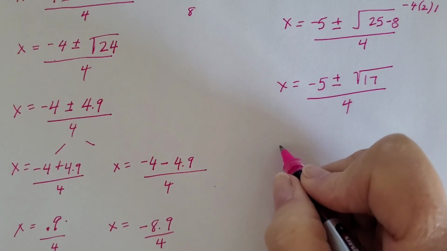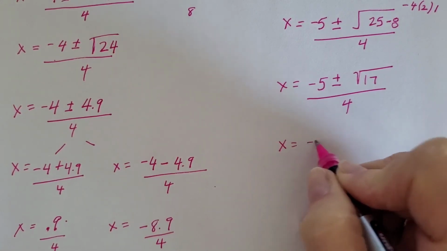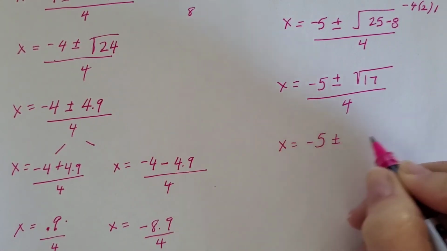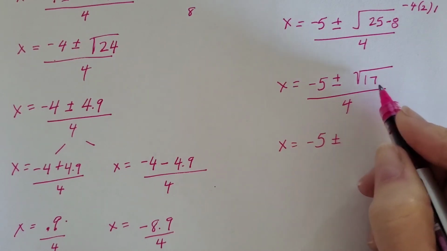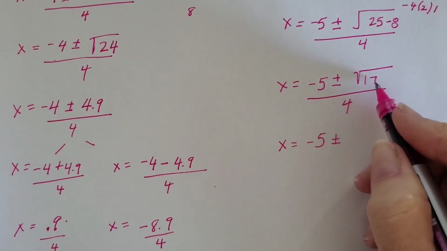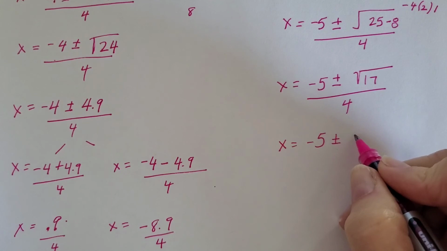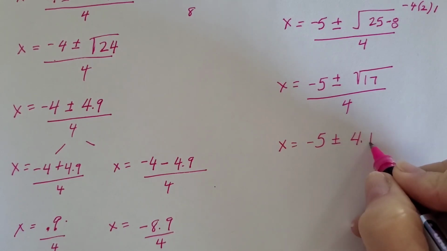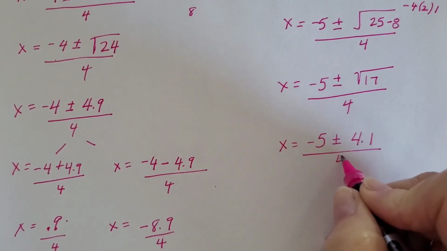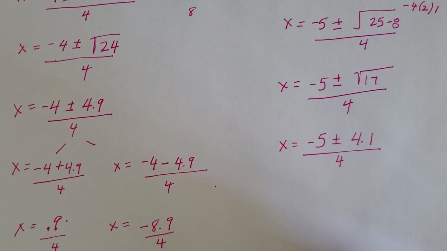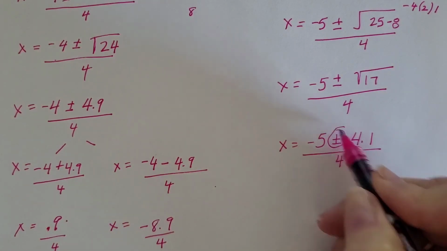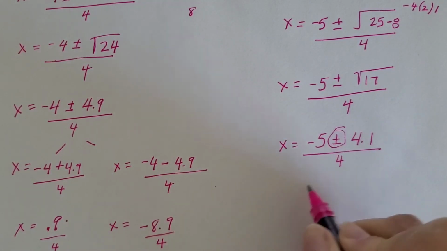Simplify the square root of 17. Again, I have to guesstimate. That's a little more than 16, and the square root of 16 would be 4, so I'm going to call this 4.1. That's my guesstimate.